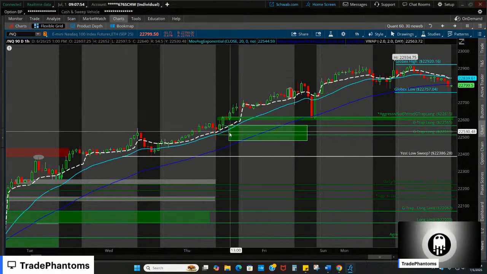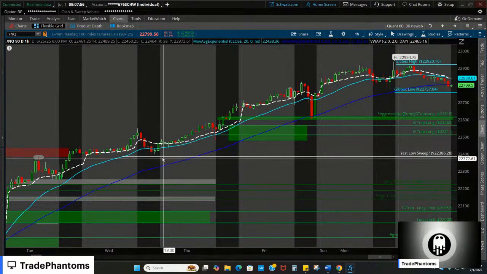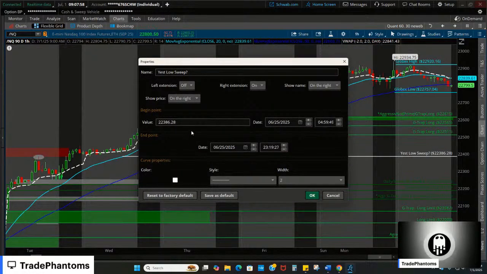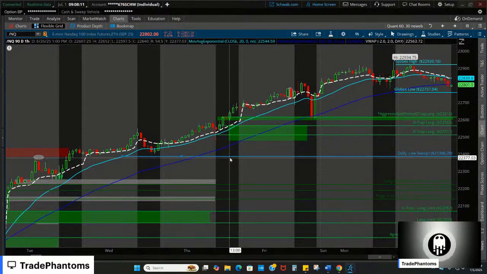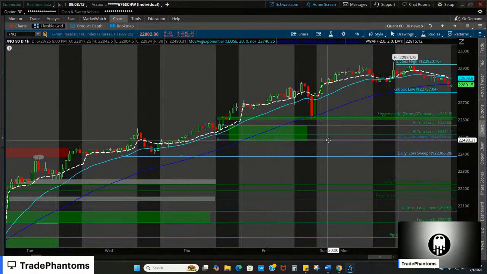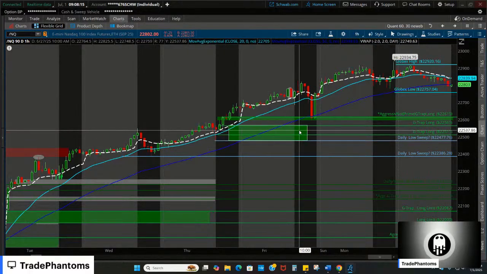And then if we do happen to come lower, we get this daily low here, the 22,387 handle-ish. We also have another daily low right in here as well.